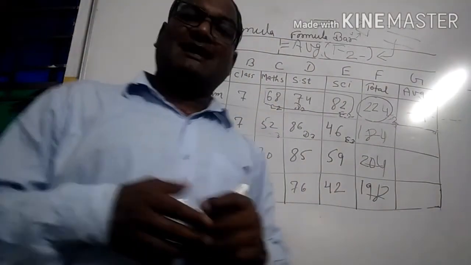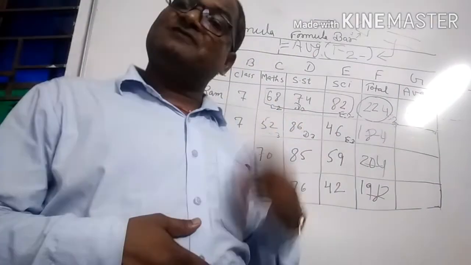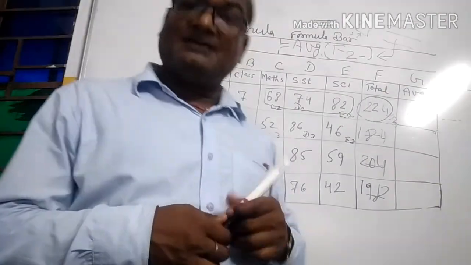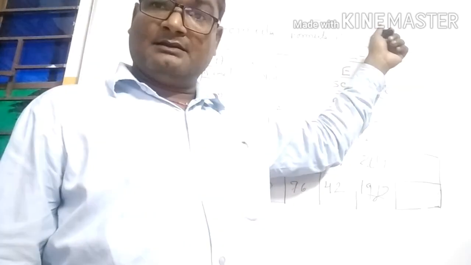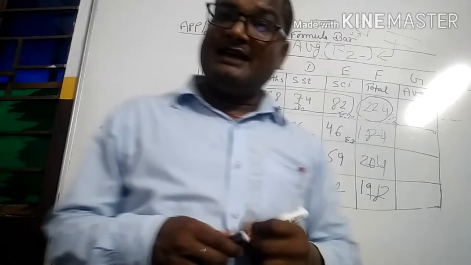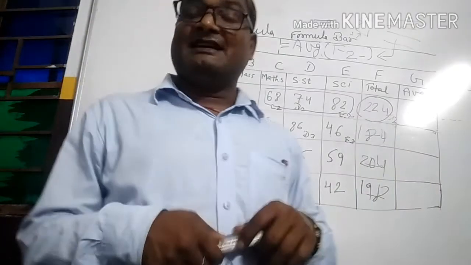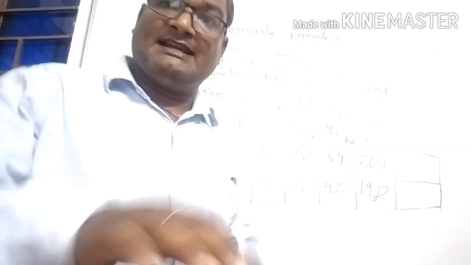That means you can do the arithmetical operation in three ways. One is manual, just writing every cell name. Another is auto, with the help of this symbol. And another way is by the help of a predefined function. There are a number of predefined functions available in MS Excel, like sum, average, count.